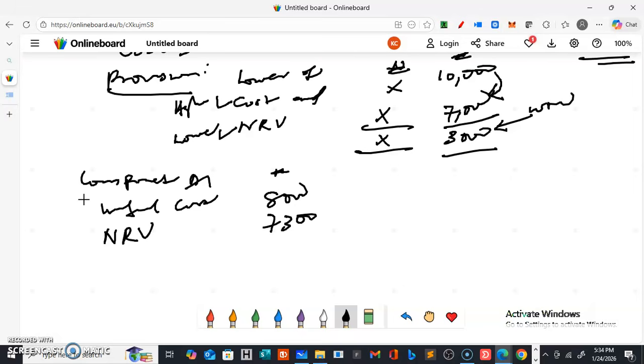Based on IAS, for us to be able to recognize the cost of inventory, we are to pick the lower of cost and NRV. So in this case, the NRV is lower and the cost is higher. By how much? That is 700 naira.